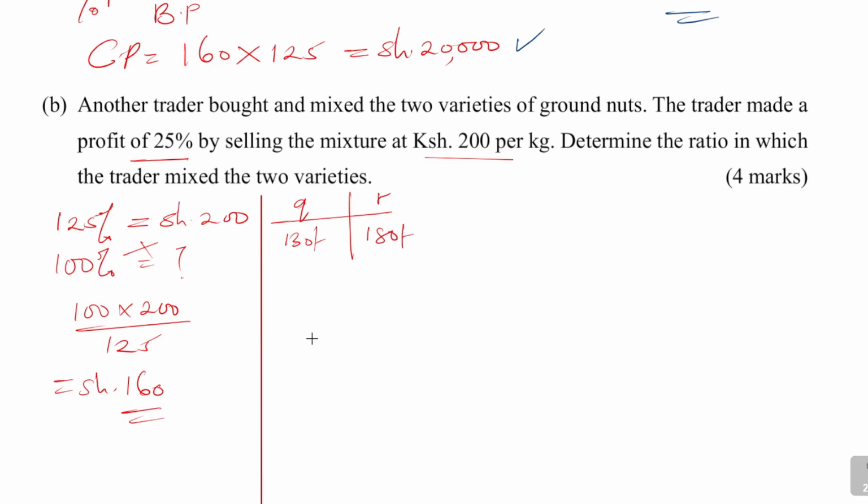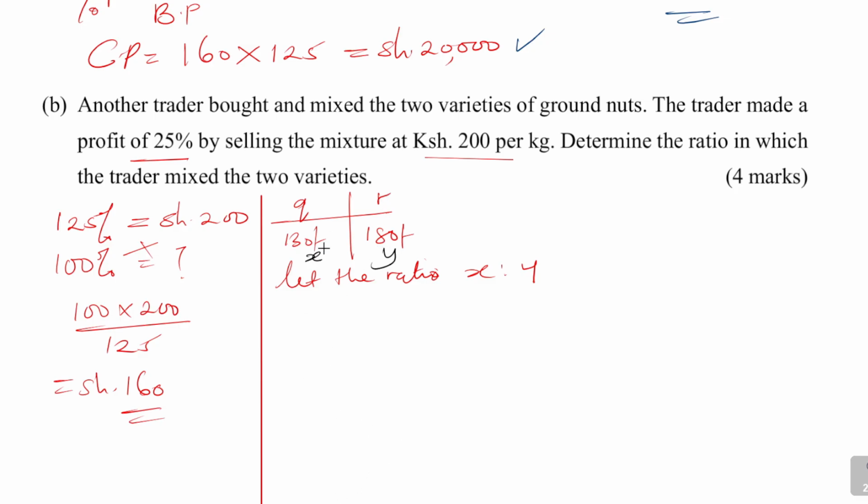Because we don't know the ratio, we can let the ratio in which the two are mixed be x is to y, whereby x represents the Q variety and y the R variety.